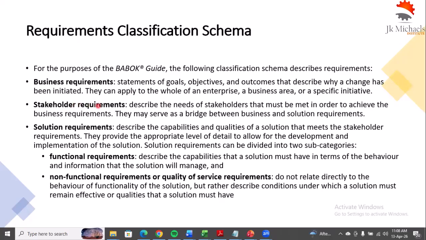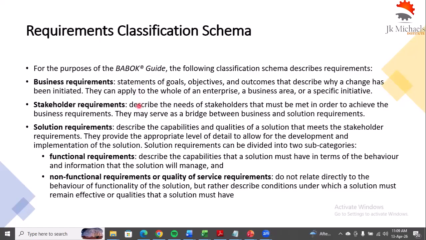For us to achieve these goals, the business requirements, the KPIs, these objectives, we need to be clear on stakeholder requirements. We will need to meet the needs of certain stakeholders, but the stakeholders will need to give us a certain form of contribution, in the form of requirements, in the form of elicitation, that will help us to more easily know the problems to solve to achieve these goals.